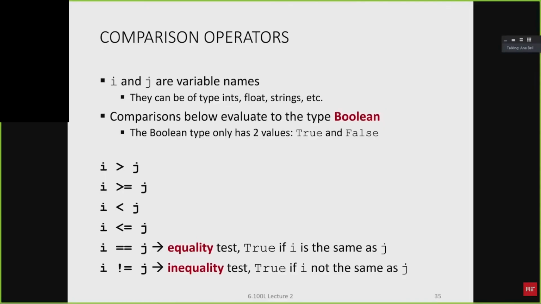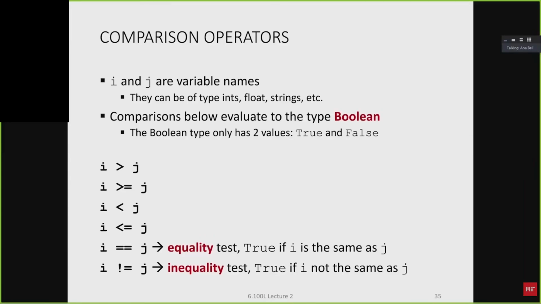Here's a bunch of other operators that we can run on any type, really, in Python. Most of the time we're going to run them on numbers, but they can be run on strings and things like that as well. The double equal sign checks for equality. If i is the same as j, this entire expression is replaced with true. If they're not equivalent, it's replaced with false. If we want to check for inequality, we use not equal: exclamation mark equal.